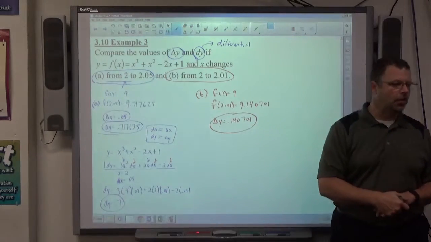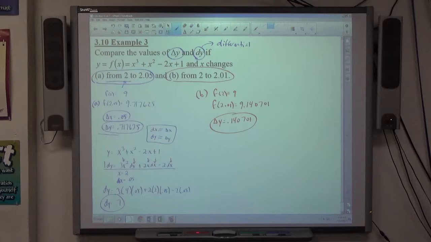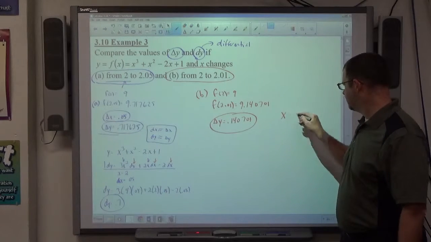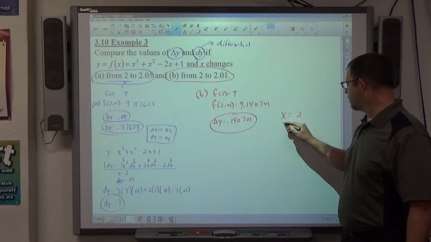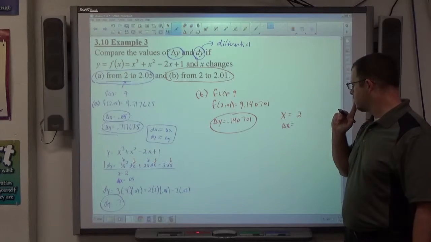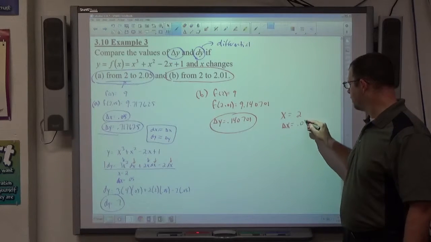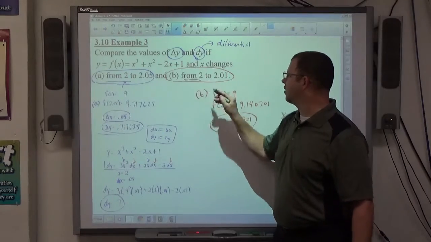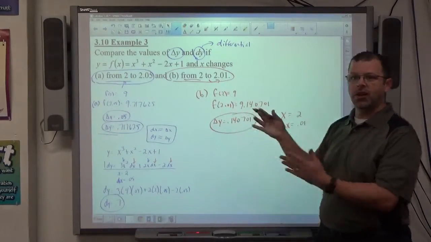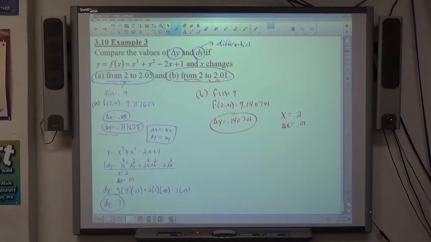Just like that, we find delta y. Once I know what delta y is, I want to find out what dy is. So, Renee, what is x? 2. And what's delta x? 0.01. Perfect, 0.01. We're going from 2, so x equals 2. We're going up to 2.01, which is a change of 0.01. So just like that, we got x and delta x.